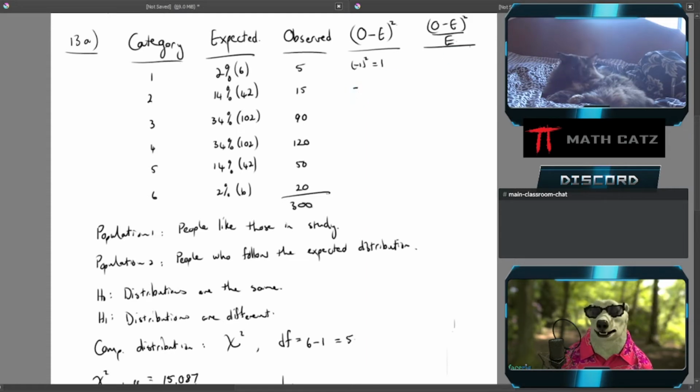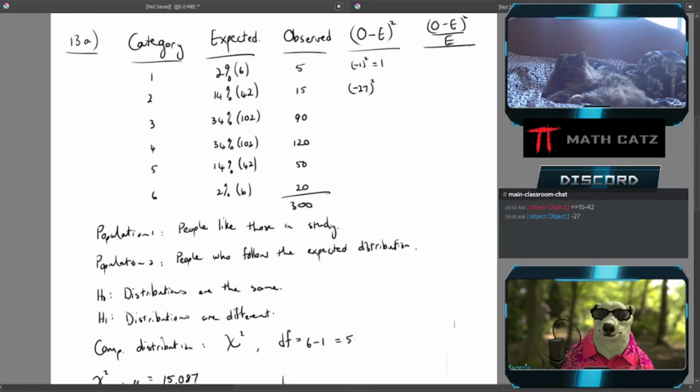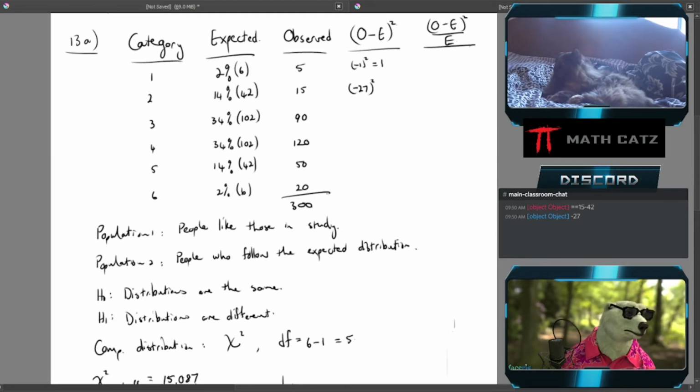I don't want to give you a false impression that you have to. 15 minus 42, of course, a -27. If we square that, again, you can even go back and put brackets around that and then square it. That's all good. And I get 729.